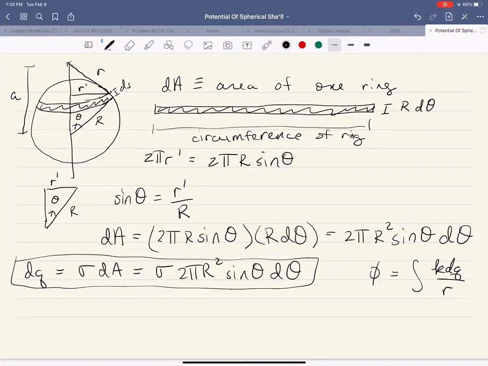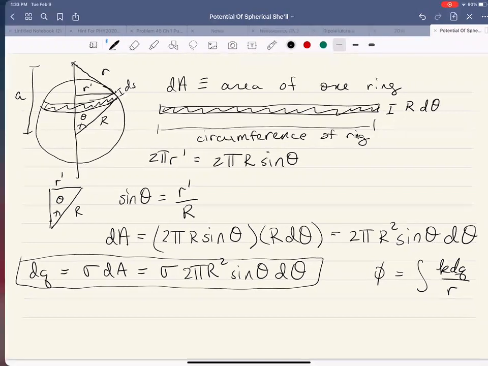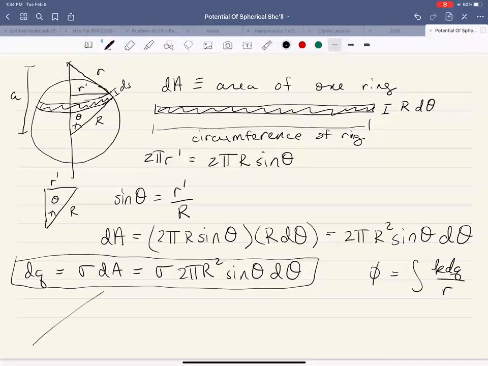Well, this is where the law of cosines comes in. So if you need a reminder, the law of cosines is like this. You don't have to have a right triangle to use the law of cosines. It's not like the Pythagorean theorem that way. All you have to have is a triangle. 3 sides, we'll call them little a, little b, and little c. And the angles opposite from those sides we'll call the capital letters.